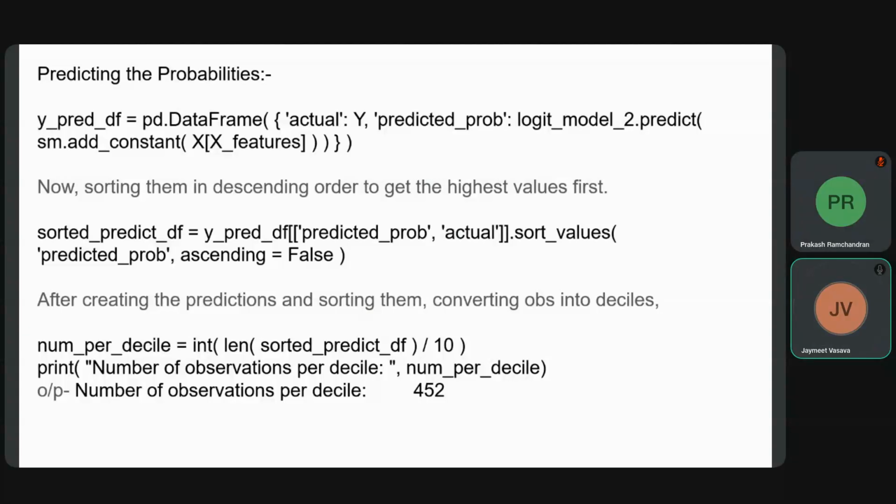Also remember that we discussed making deciles and distributing the data. How? We have a total of 452 observations in a single decile.